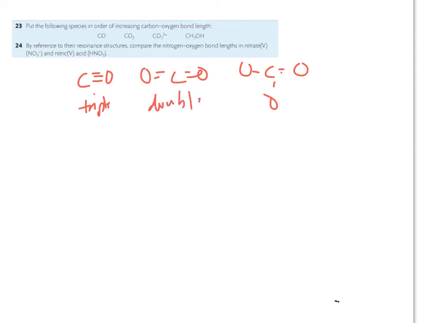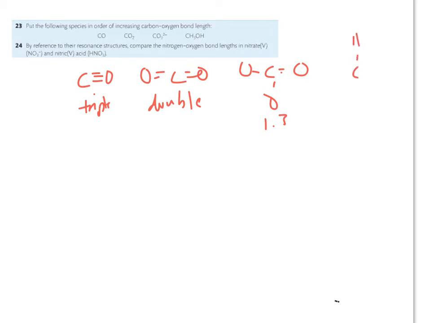23, put the following species in order of increasing carbon-oxygen bond length. So you have to realize that CO has a triple bond and is the shortest. CO2 has two double bonds. CO3 has this resonance, so this is triple, double. Because this resonates, it's like 1 1/3 because it's resonating between three places.